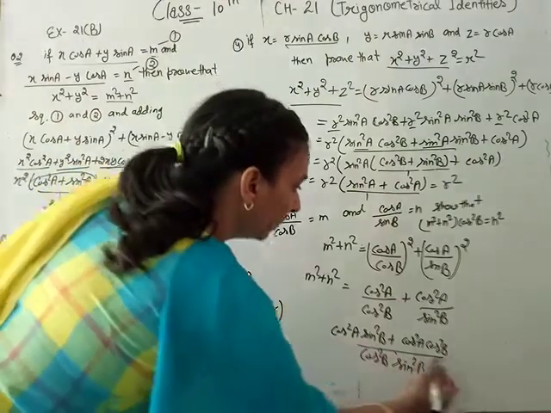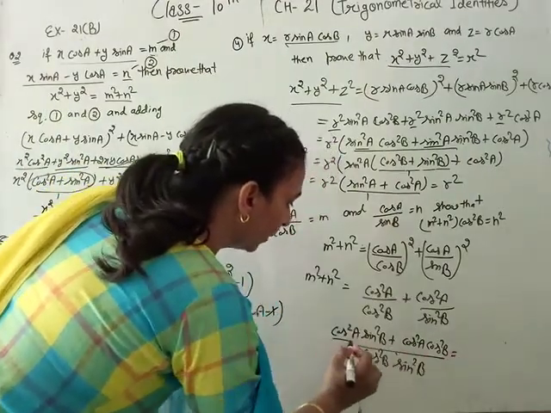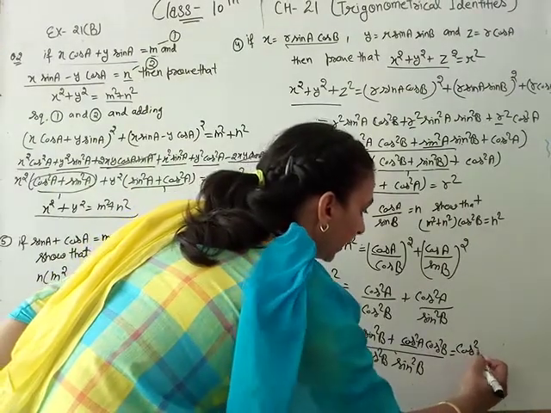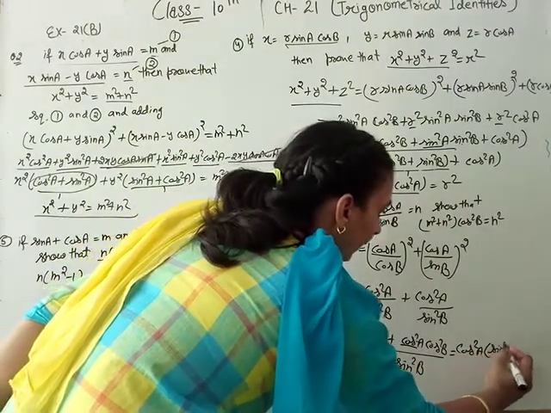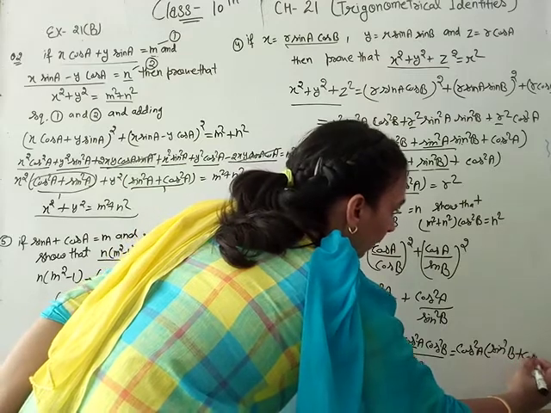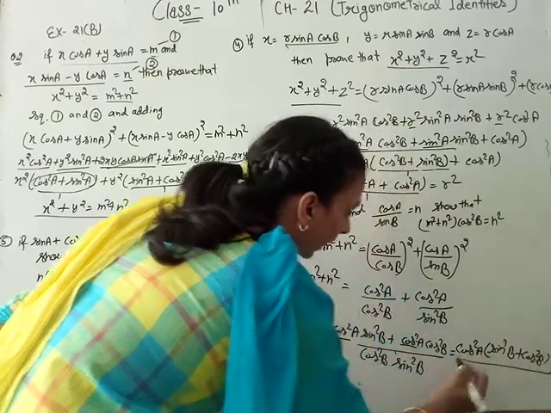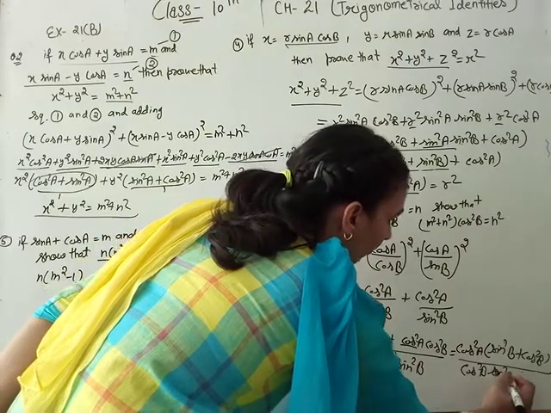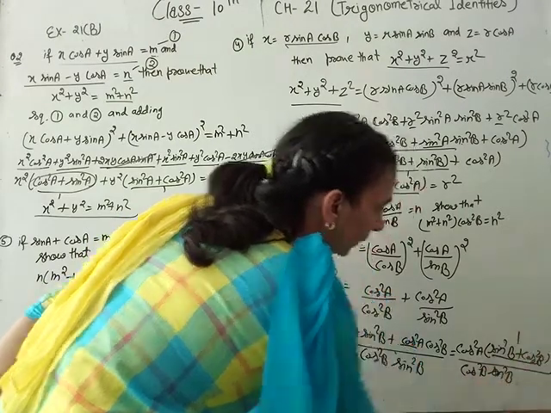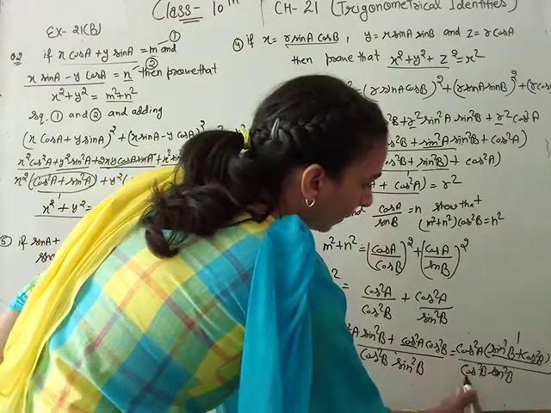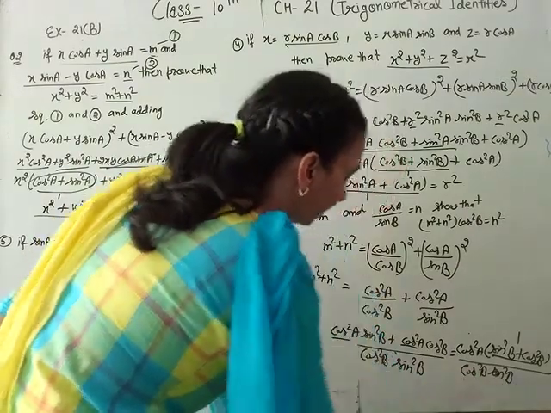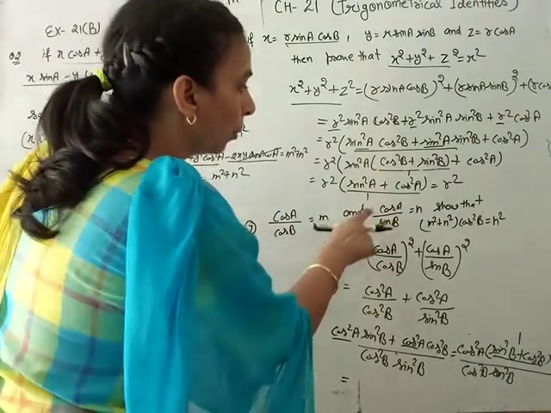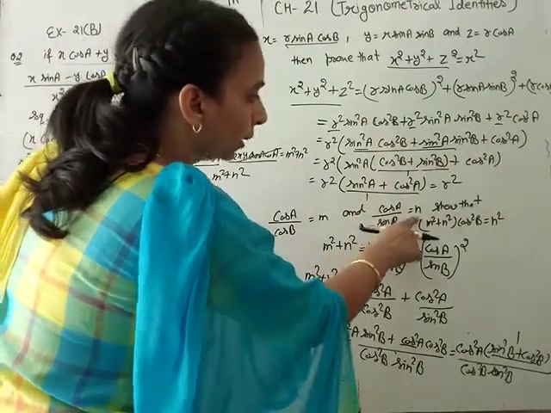In the numerator, cos square a is common, so taking cos square a common, we get sin square b plus cos square b, divided by cos square b sin square b, and this equals 1. So cos square a by cos square b sin square b, and this equals cos square a by sin square b, which equals n square.